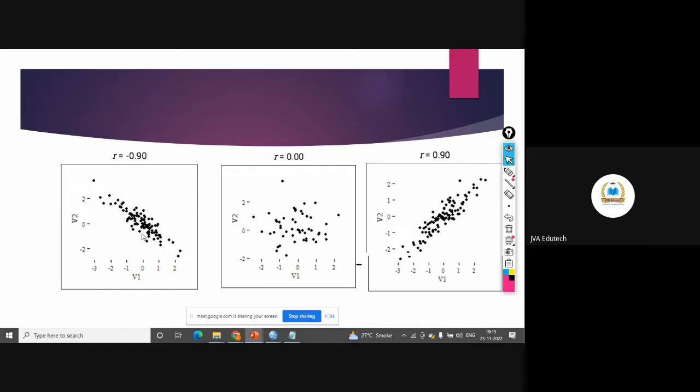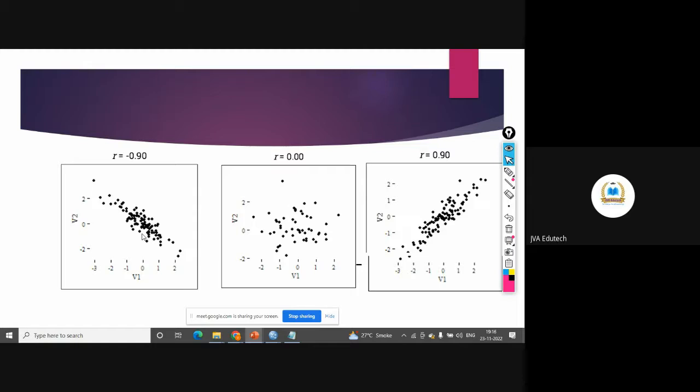So let's say if you are bringing change in a variable x, and variable y is also changing in the same direction, then this is known as positive correlation. If you are changing variable x and variable y is moving in a negative direction, then that is known as the negative correlation.